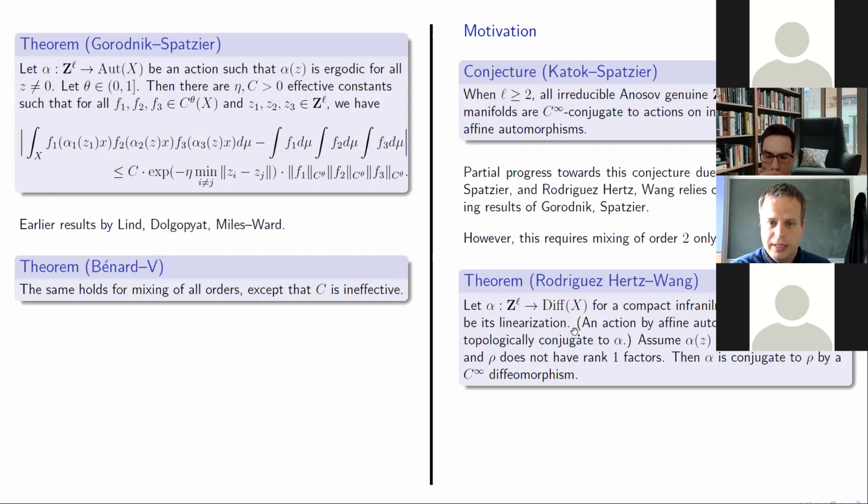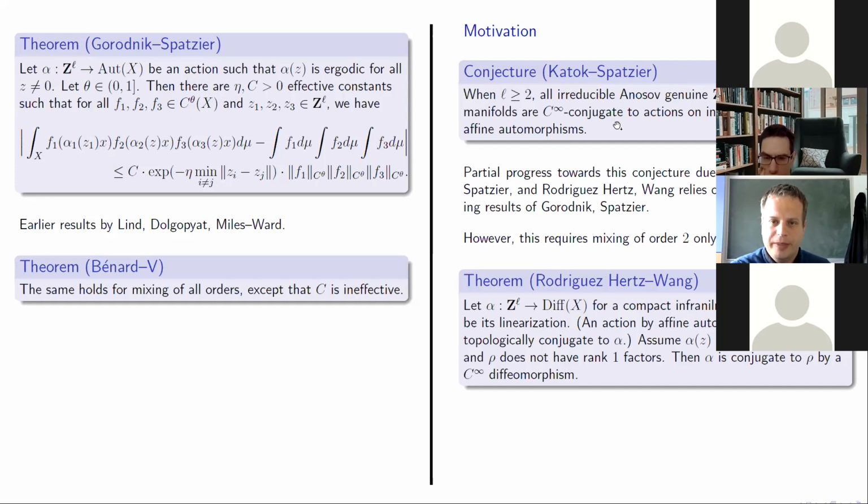So this is an action by affine automorphisms that is topologically conjugate to alpha. It turns out that if you don't want C-infinity conjugation, only conjugation by a continuous map, then this always exists, and in fact this is true even in the rank 1 case, and it has been known for a long time.